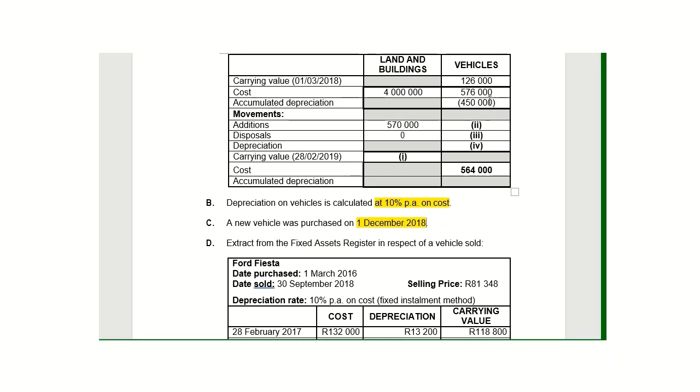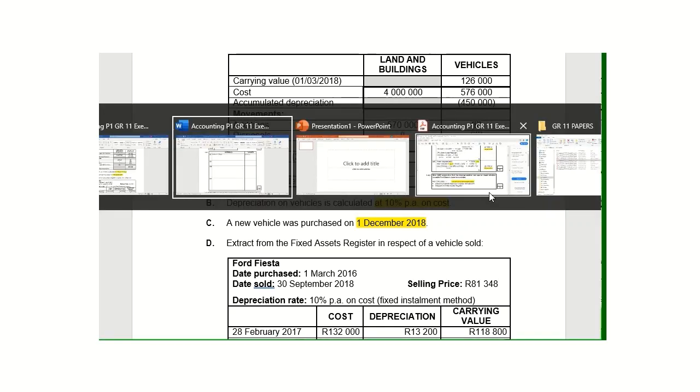The formula we use to calculate the closing balance of cost is the opening balance, which is given, plus the additions, which I haven't got, less the cost of the item sold. So let's copy the formula, put in what we've got and see what else we can find.